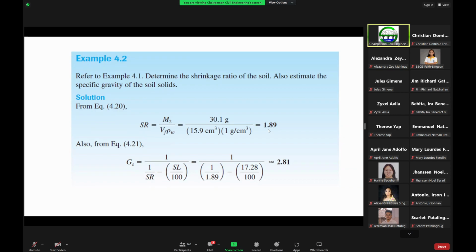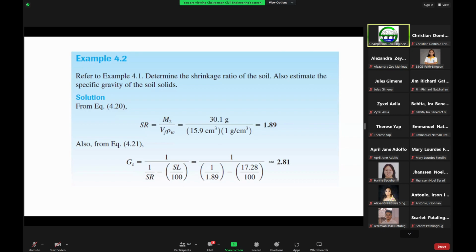Then for the specific gravity, if you recall, this is the formula: 1 over the shrinkage ratio minus the shrinkage limit over 100.